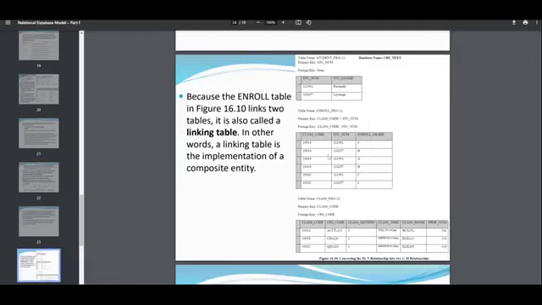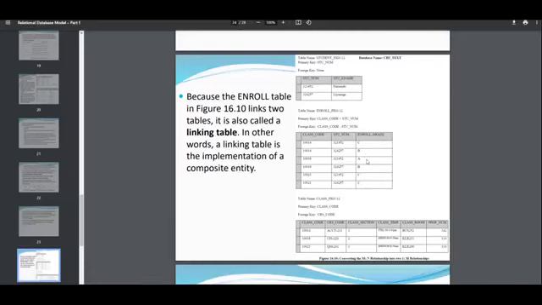Class code there, student number. Where did class code come from? Class code came from the primary key of the class table. Student number came from the student table, right? Then enrollment grade is actually contained in this enrollment table.